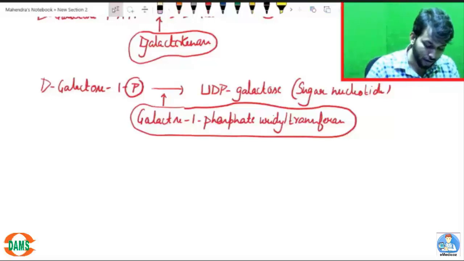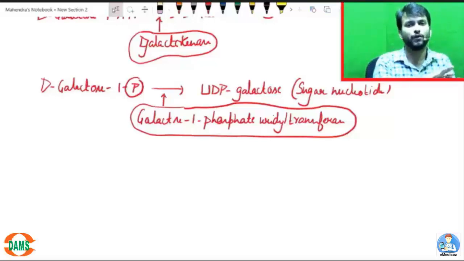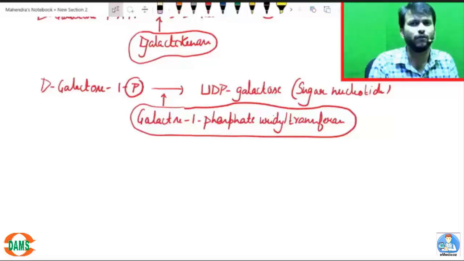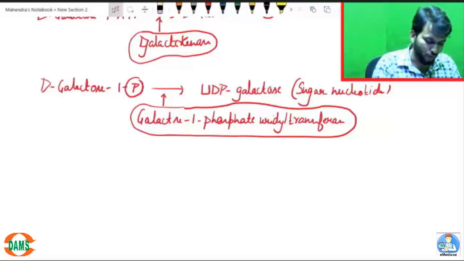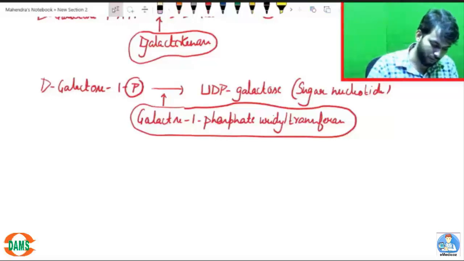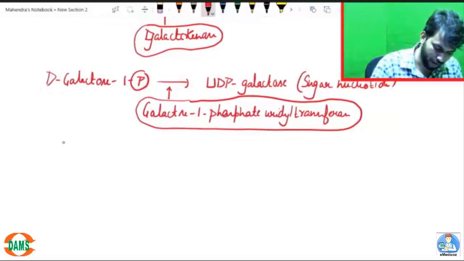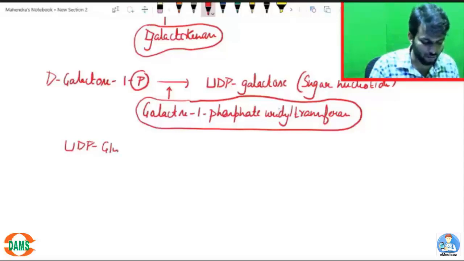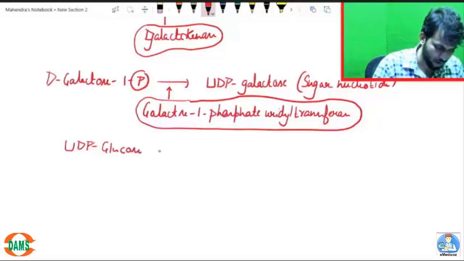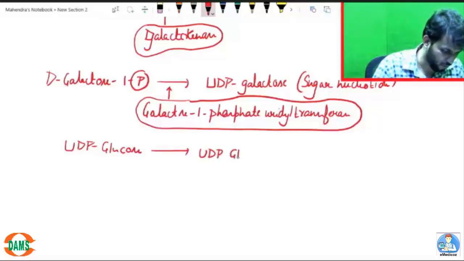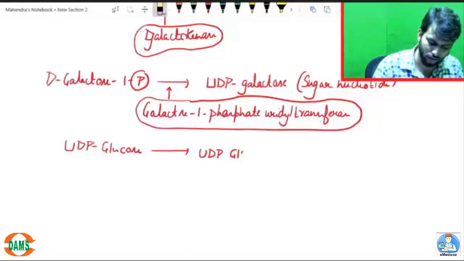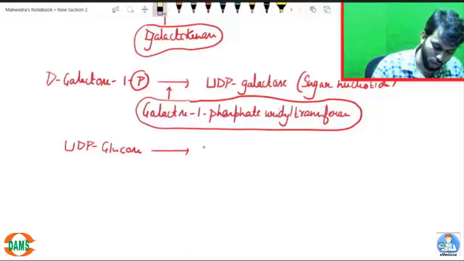Because here, in the conversion of D-galactose 1-phosphate to UDP galactose, there is another conversion: UDP glucose is converted into glucose 1-phosphate.